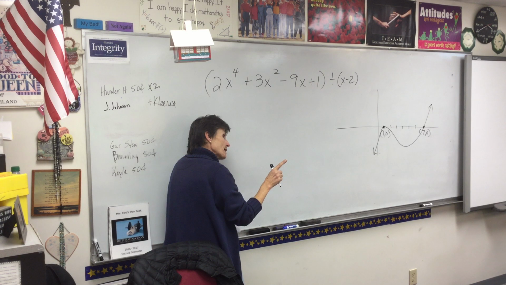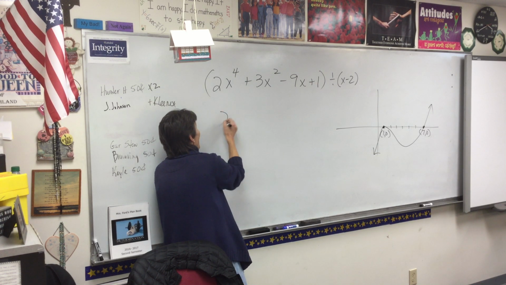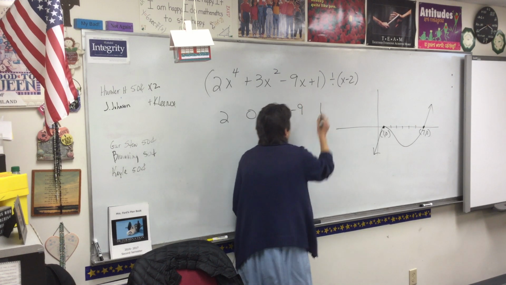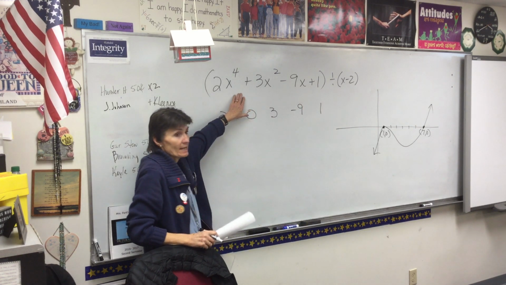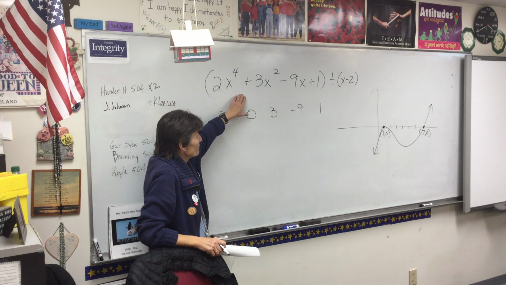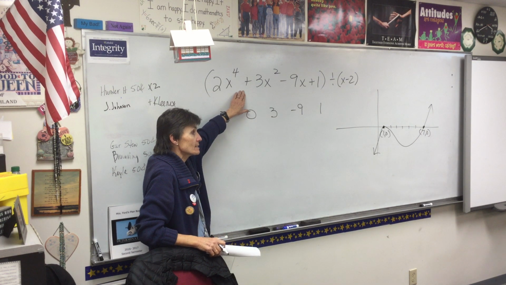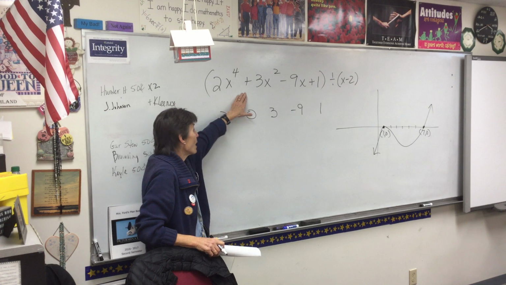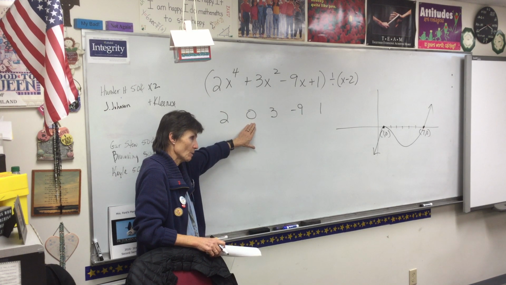So when you do synthetic division, you have to put the 0 in, the 0 that represents the missing x cubed. So when there is a power missing in synthetic division, you have to represent it with a 0.